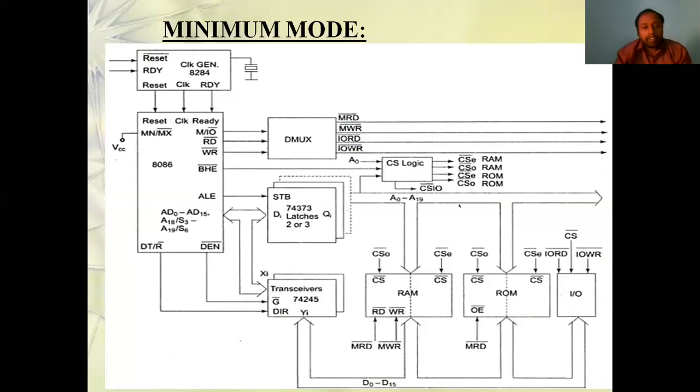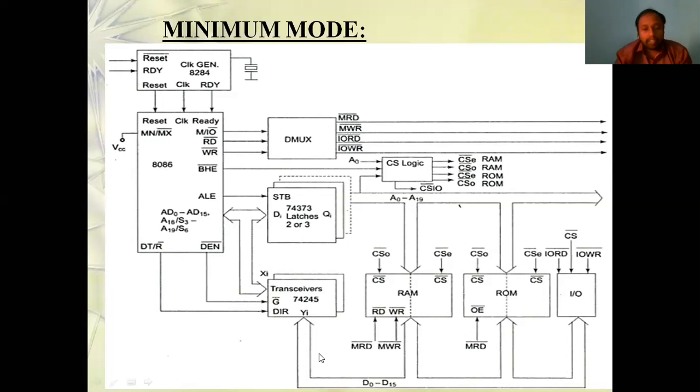The pin configuration to interact with other ICs is AD0 to AD15 and A16 to A19. These pins, as I said, you should give to the latches. Three 74373 latches you should give for the address, and the 74245 is a transceiver for data. So two transceivers you are going to have here.